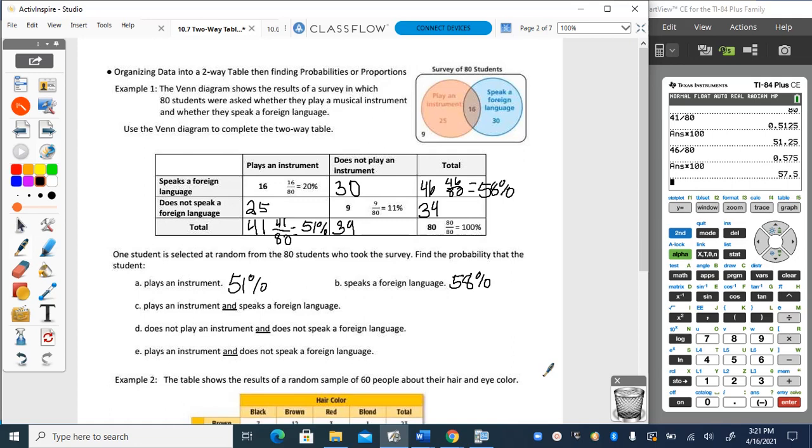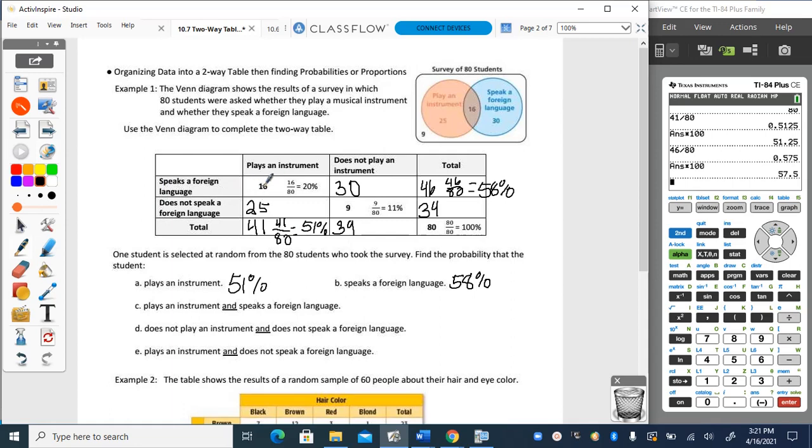Now we want to look at plays an instrument and speaks a foreign language. So that means we'll go to plays an instrument, speaks a foreign language. So what number of students play an instrument and speak a foreign language?